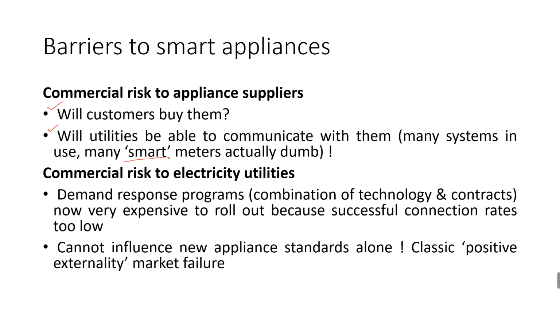Although smart meters are being implemented, they are not functioning properly. Then there is commercial risk to electricity utilities. First is the demand response program, and second is related to appliance standards. So these are some barriers to smart appliances.